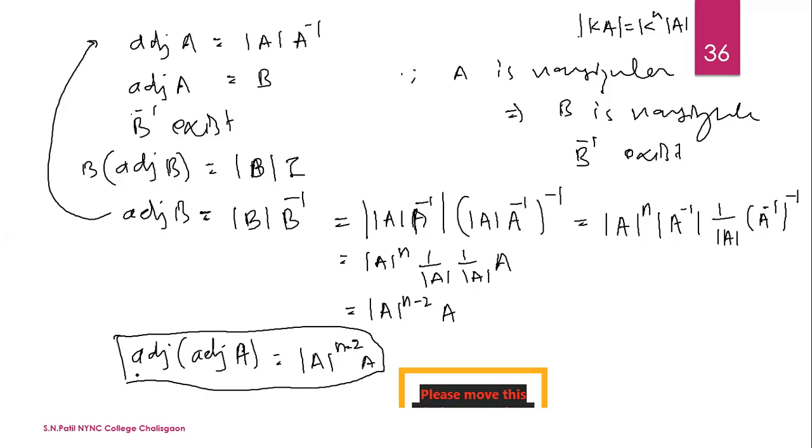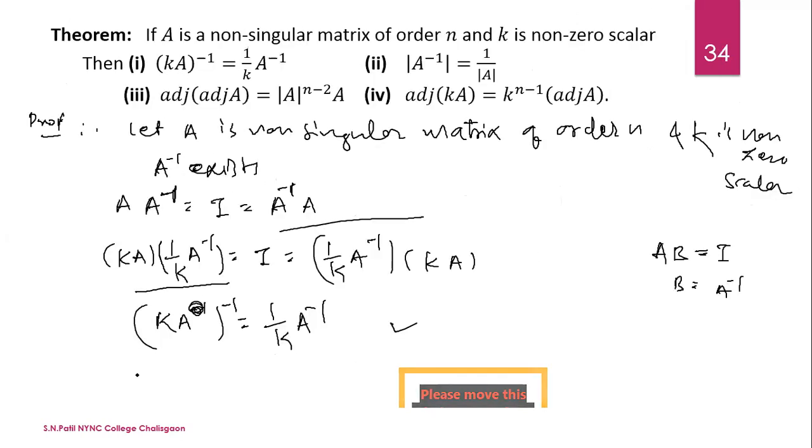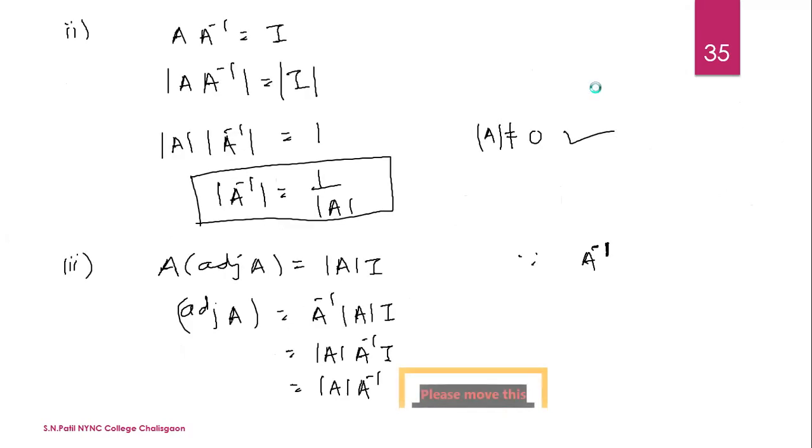Now what is proof number 4? Adjoint of K into A is equal to K raised to n minus 1 into adjoint of A. We use the same concept of the adjoint matrix theorem. We know that A into adjoint of A is equal to determinant A into identity matrix.